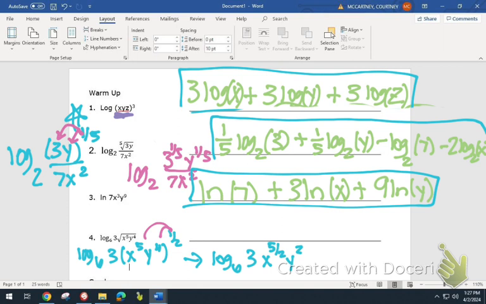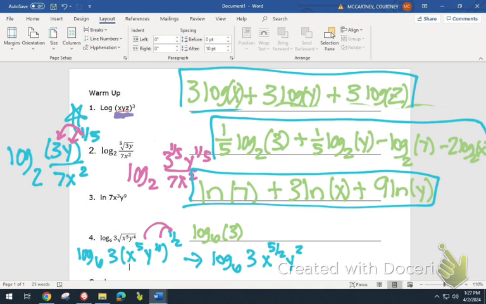Now I'm going to separate it out. How many times am I going to write log base 6? Four. Log base 6 of 3, I'm going to do the 3 first.